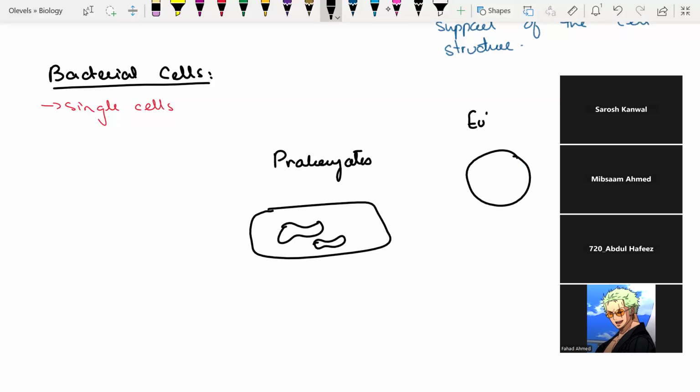While in eukaryotic cells, they have a proper membrane around their nucleus, and in that nucleus the genetic material is enclosed, right? And all the organelles are properly membrane-bound, while prokaryotes do not have any such thing. Right, girls? Yes.